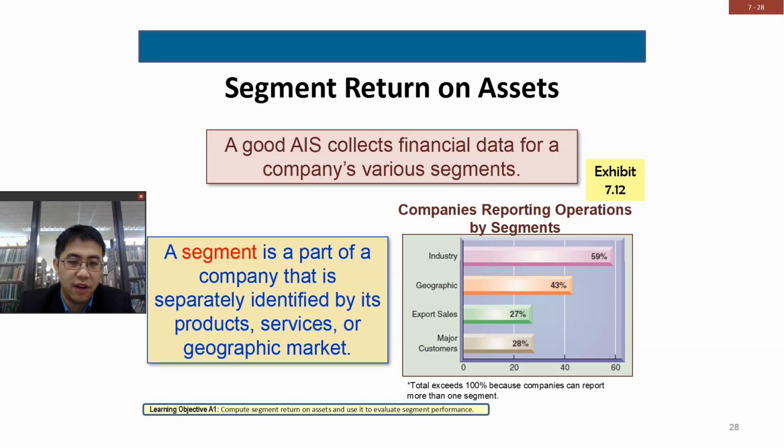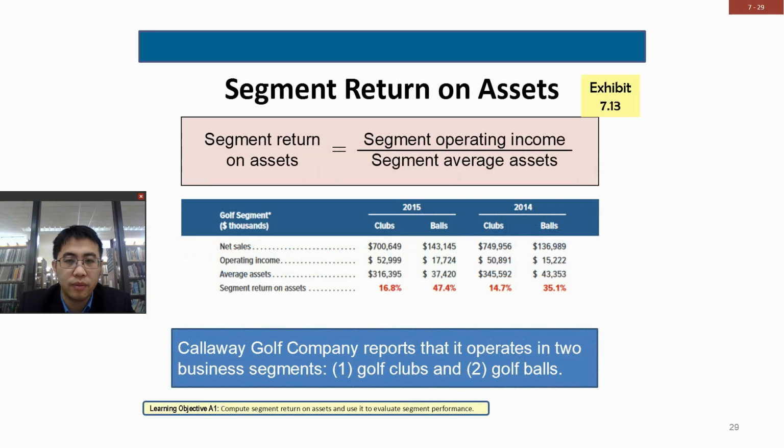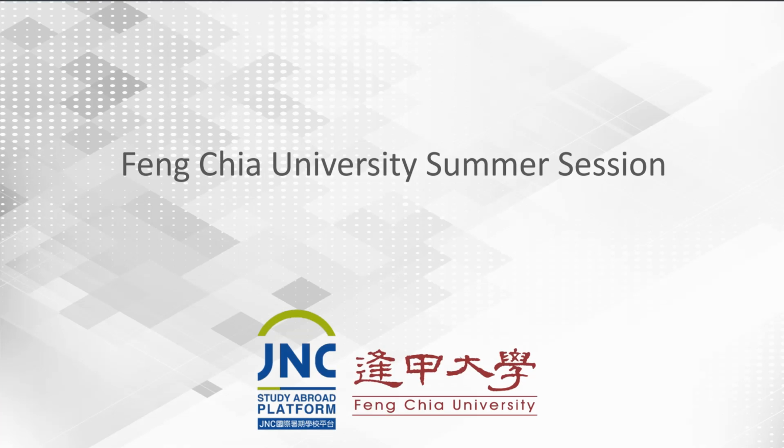You can divide the segments based on the industry each segment is in, or the location, which we call geographic, and also export sales, and also major customers. These are the criteria we use to divide our segments. And again, when you calculate return on assets, you will do it on a segment by segment basis. The segment operating income divided by segment average assets, that's pretty easy to do. Okay. So that will be the end of this chapter.